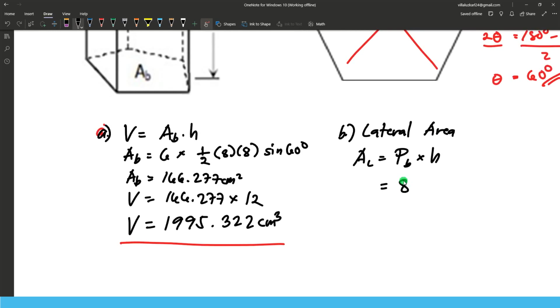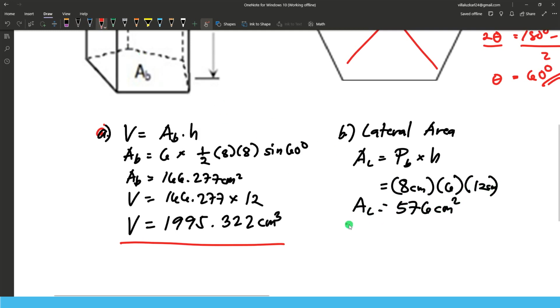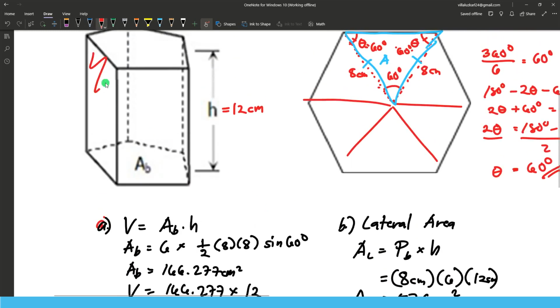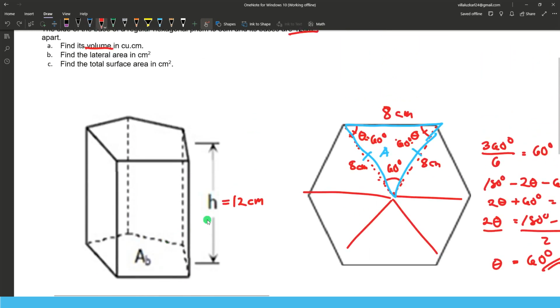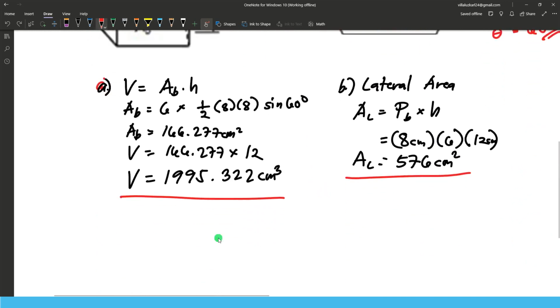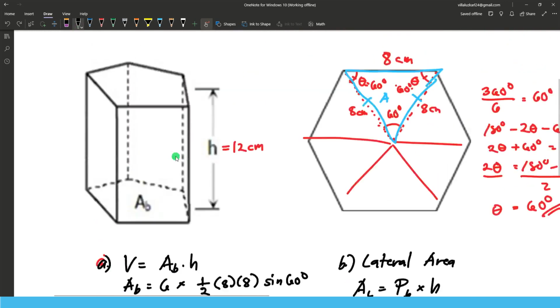So 8 times 6 times the altitude 12 centimeters. Okay, we have 576 square centimeters. That's your lateral area, or the area of the lateral faces or the sides of this hexagonal prism.